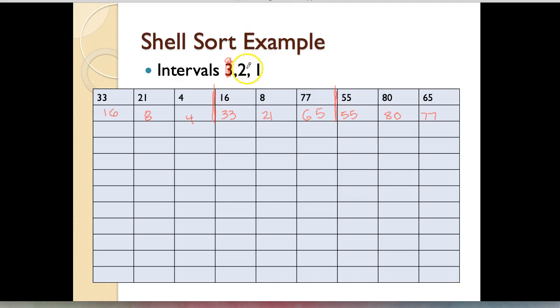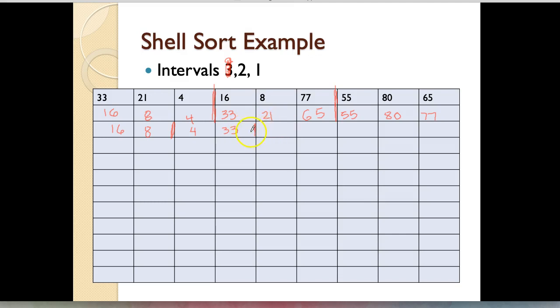Okay, so now we're going to do the 2s. For us to do 2s, 16 and 8 are going to be in the next round. So I'm going to rewrite it, 16 and 8, and this is going to be my first interval of 2, right here. Now I'm going to have 4 and 33. So 4 goes in here, 33 goes in here, and here is my second interval.